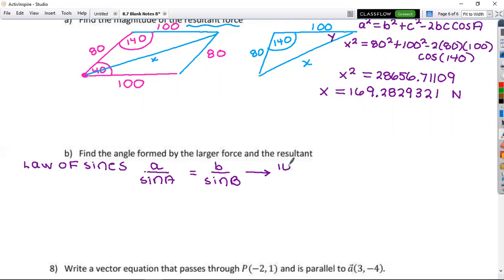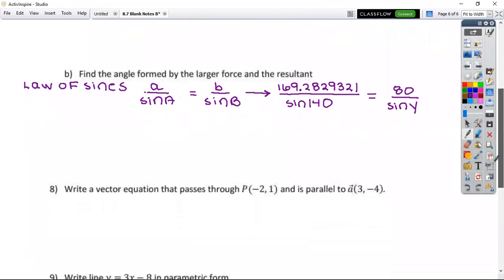So 169.2829321 divided by the sine of 140 degrees equal to little b, which was 80, over the sine of y. And you're going to utilize this to solve for your missing angle. You're going to cross multiply and solve.